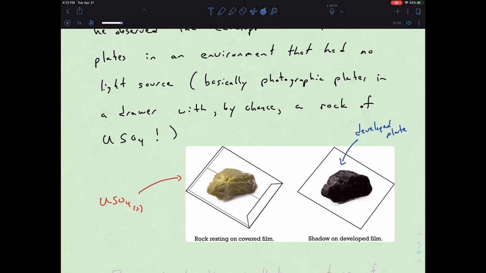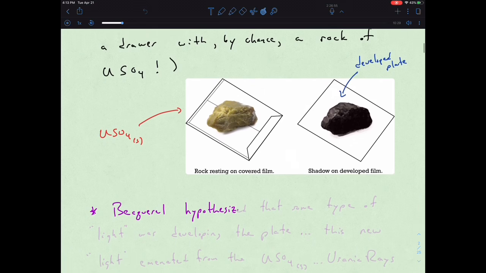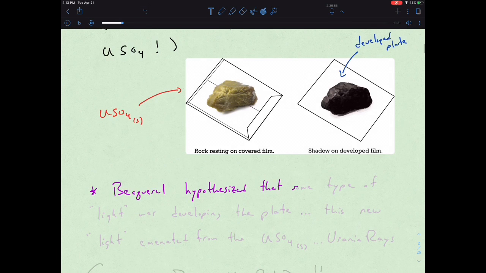So he put together that there was some type of radiation being produced by the uranium sulfate. So something was developing the plate from the rock.